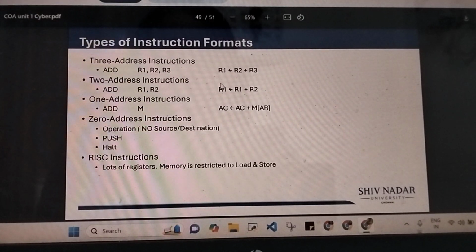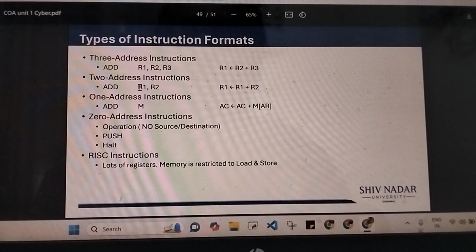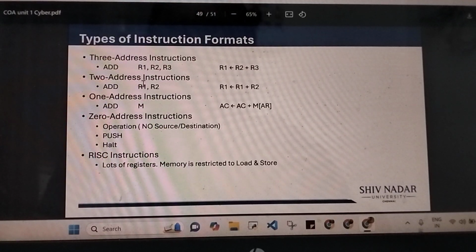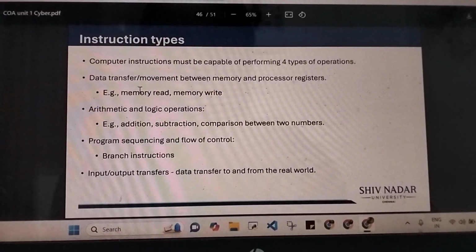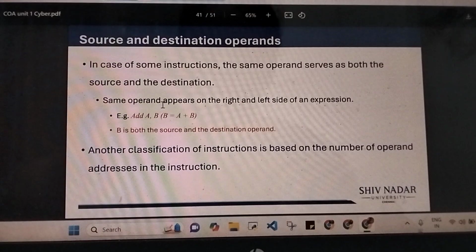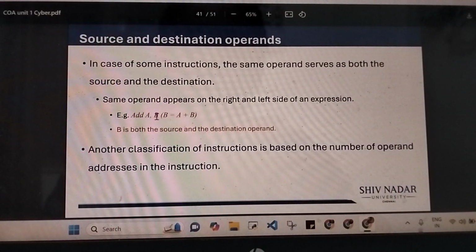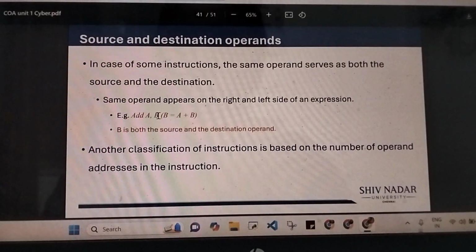And then 2 address and 3 address are fairly simple. In 2 address you specify 2 operands, both are source and one of them is also the destination operand. So if you saw here, add a comma b, a and b are both source operands and b is also the destination operand.